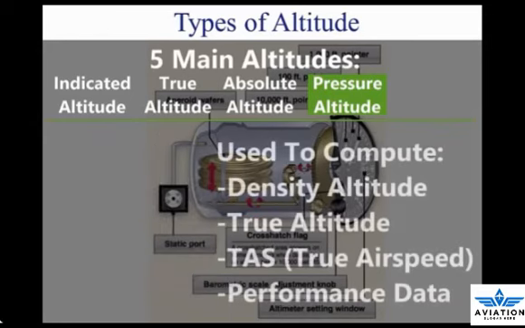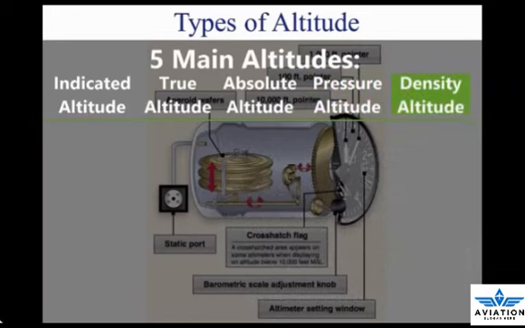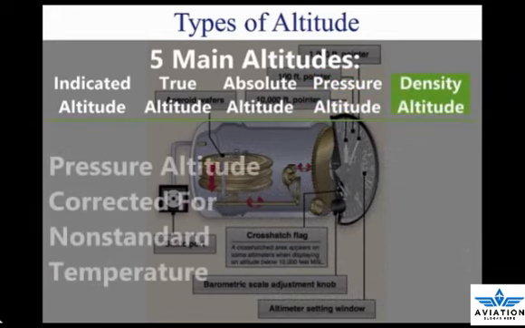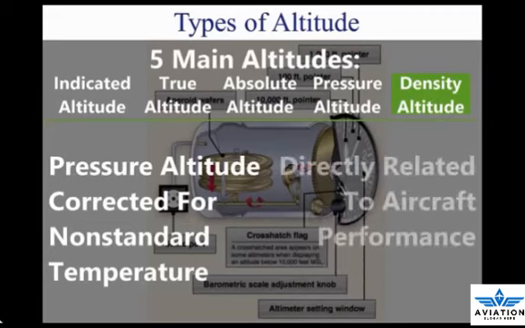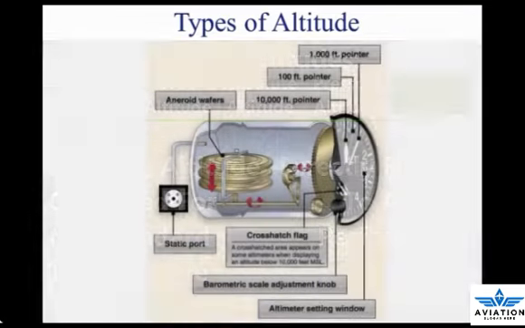Pressure altitude is used to compute density altitude, true airspeed, TAS, and other performance data. 5. Density altitude. Pressure altitude corrected for variations from standard temperature. When conditions are standard, pressure altitude and density altitude are the same. This is an important altitude because it is directly related to the aircraft's performance.